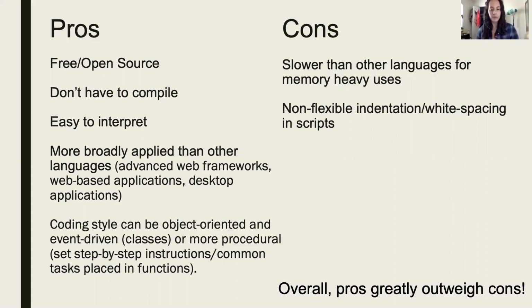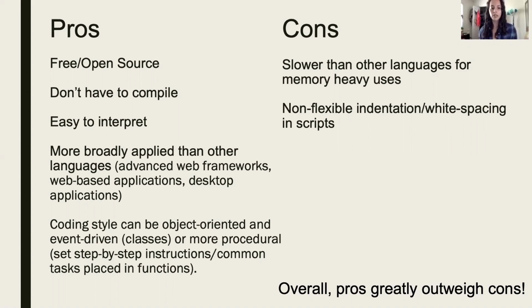Unlike other languages, you also don't have to compile the code before running it. It's also easy to interpret, once again, going back to it being structured more like human language. And it's also much more broadly applied than other languages. So there's a lot of versatility.